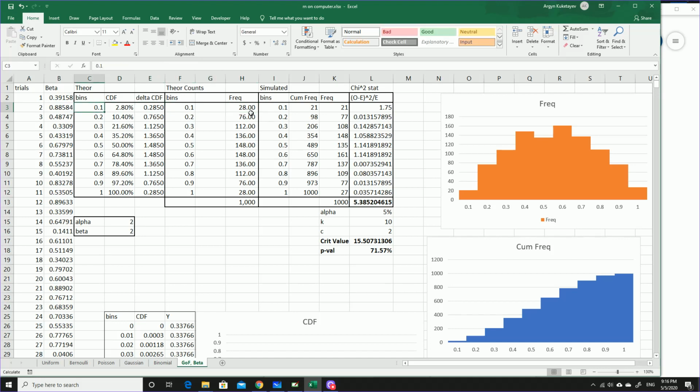So what I'm doing here in column D is calculating the CDF at the right edge of my first bin. My first bin is from 0 to 0.1. All the numbers which are from 0 to 0.1 are going to be in this first bin.